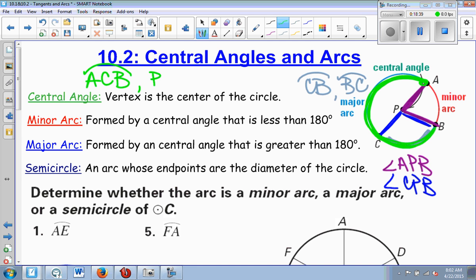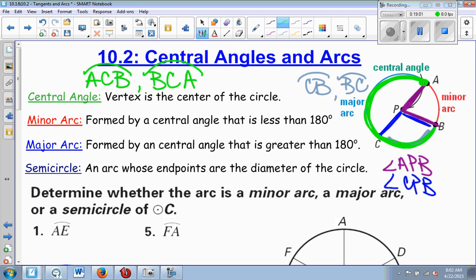Or I could start at B, go to C, go to A with an arc over the top. Notice where I started and where I ended are always the first and last letters. The letter that we pass through on the way between is always the center letter. And again, arcs are always named with that arc over the top.